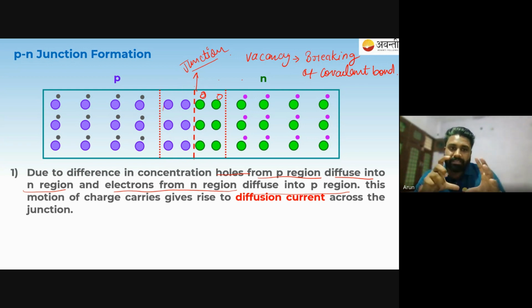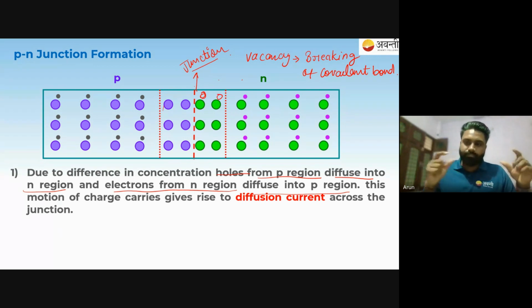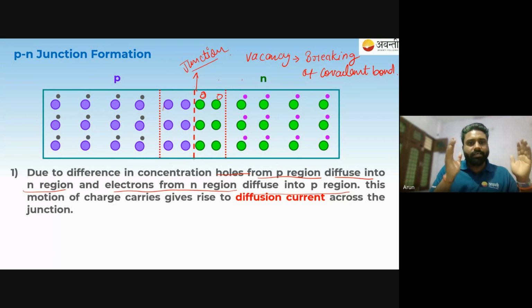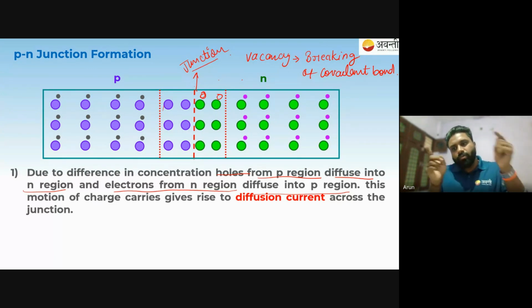So in p type semiconductor we have a high concentration of holes, and in n type semiconductor we have a high concentration of electrons. So electrons want to go from high concentration to low concentration, so they want to go to that low concentration level.